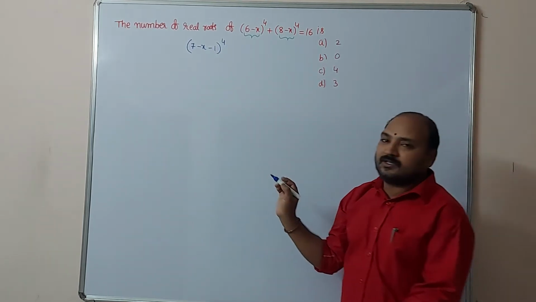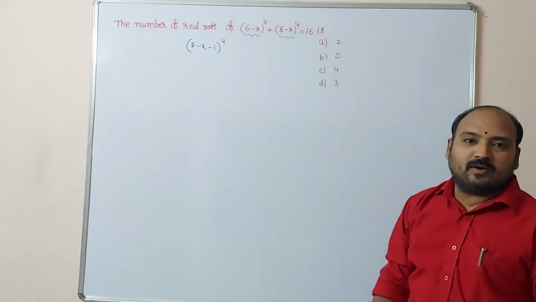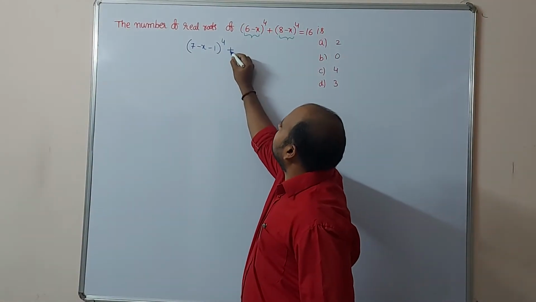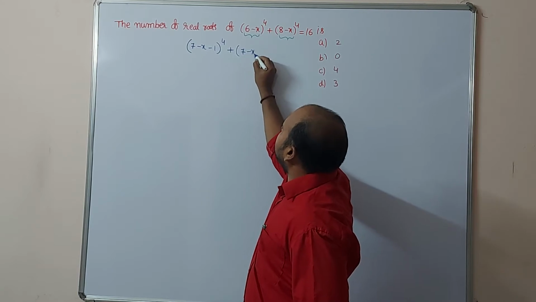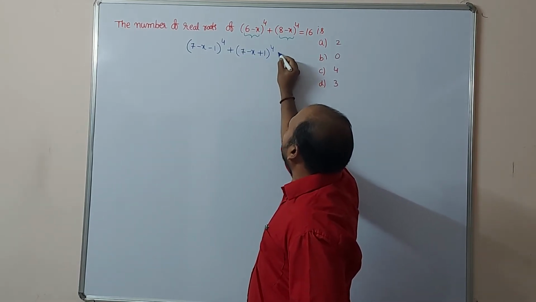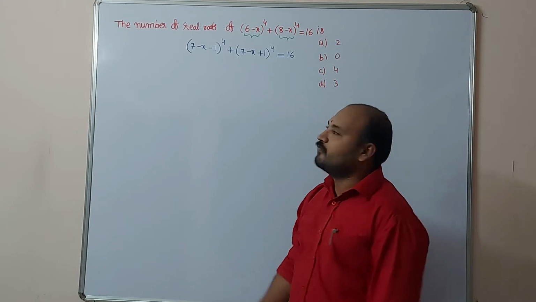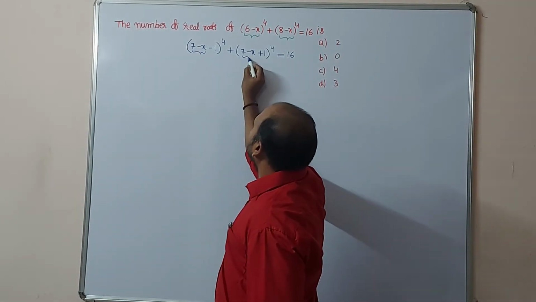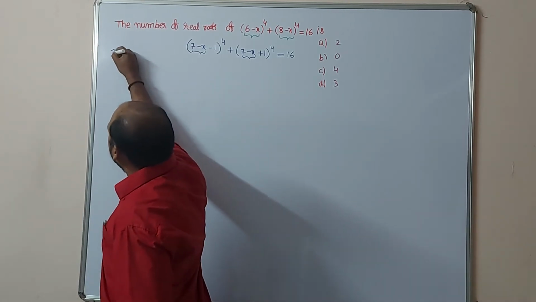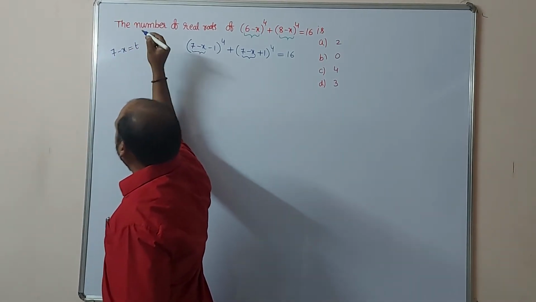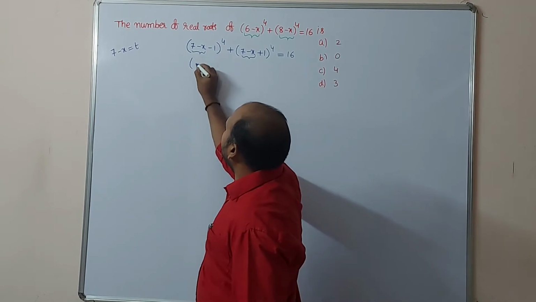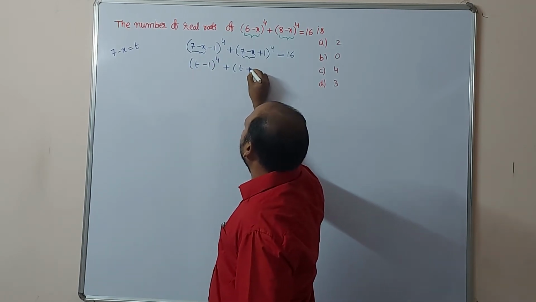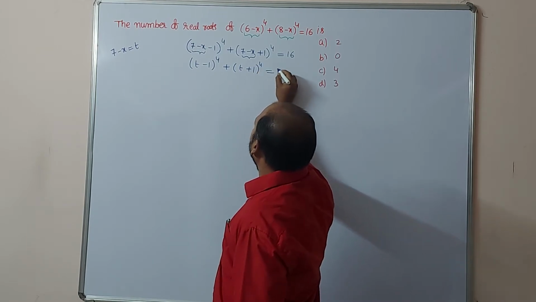The meaning cannot be changed, we are writing in that way. 7 minus 1, 6 only, minus x, plus 7 minus x plus 1 whole power 4, which is equal to 16. In that, 7 minus x is common. So let 7 minus x be equal to some t. You take it. So (t minus 1) whole power 4 plus (t plus 1) whole power 4 is equal to 16.